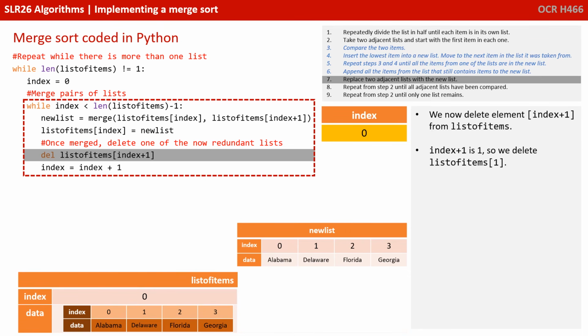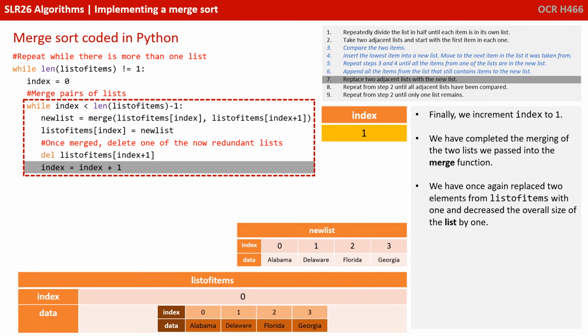Well, index plus 1 is 1, so we delete list of items element 1. Finally, we increment index to 1. We've completed the merging of the two lists we passed into the merge function. We have once again replaced two elements from list of items with 1 and decreased the overall size of the list by 1.